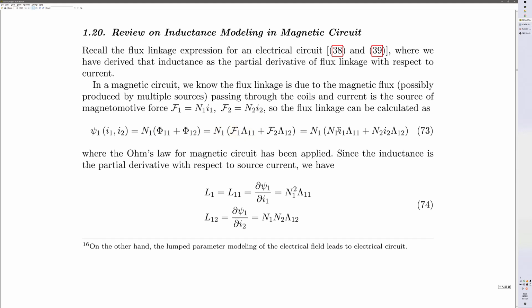We further plug in the expression for MMF, and we realize that the inductance, which is the partial derivative of flux linkage with respect to the current, gives us this very simple model. It is equal to the turns number squared times the conductance.